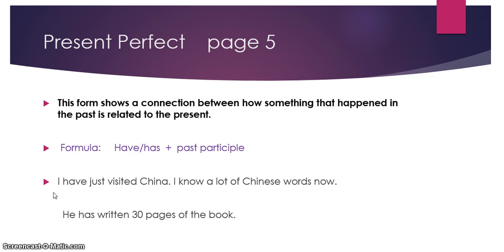Now, what these sentences mean is that I have been visiting China. Okay, maybe I just returned, and now I know a lot of Chinese words. This sentence means that a man has been writing a book, and so far he has written 30 pages.